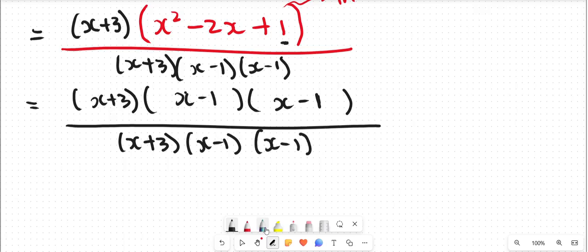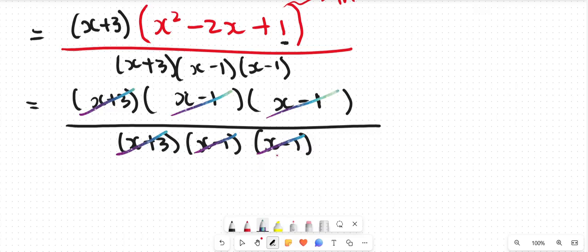And if you're watching this at home, you would be screaming right now to say, sir, but these brackets all cancel. Yes, they do. So the x minus 1's bracket cancels, the x plus 3 bracket cancels, and so what am I left with? I'm left with the positive 1. Remember guys, if you divide a 2 with a 2, you don't get a 0.